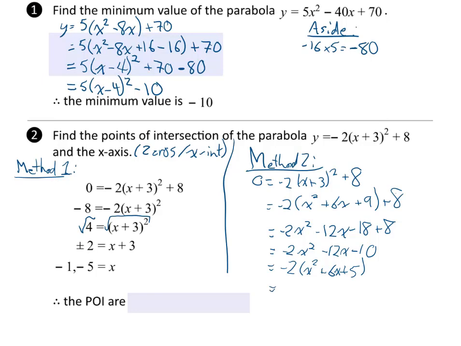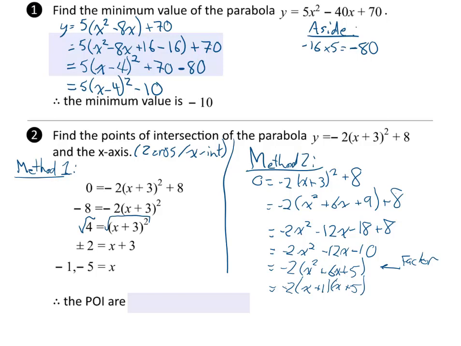Then you factor. And if you factor, you get negative 2 (x plus 1)(x plus 5). Because 1 times 5 gives you 5, but 1 plus 5 gives you 6.